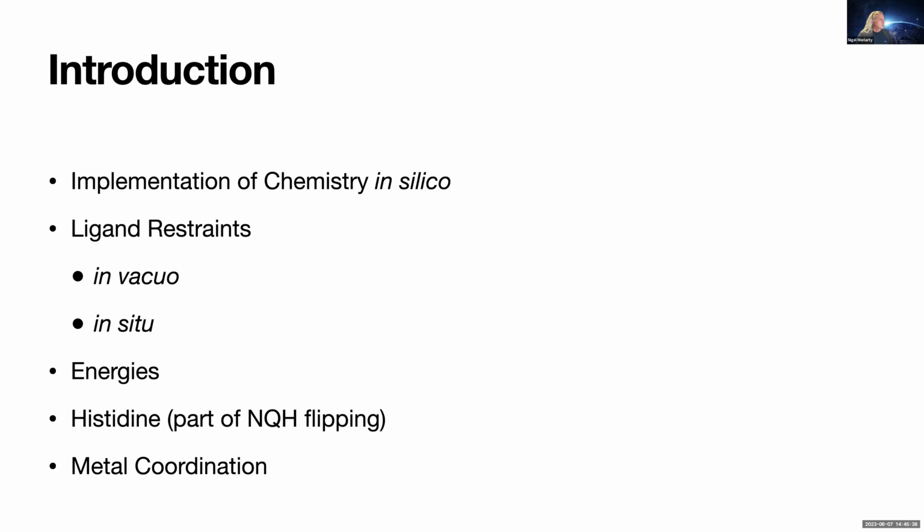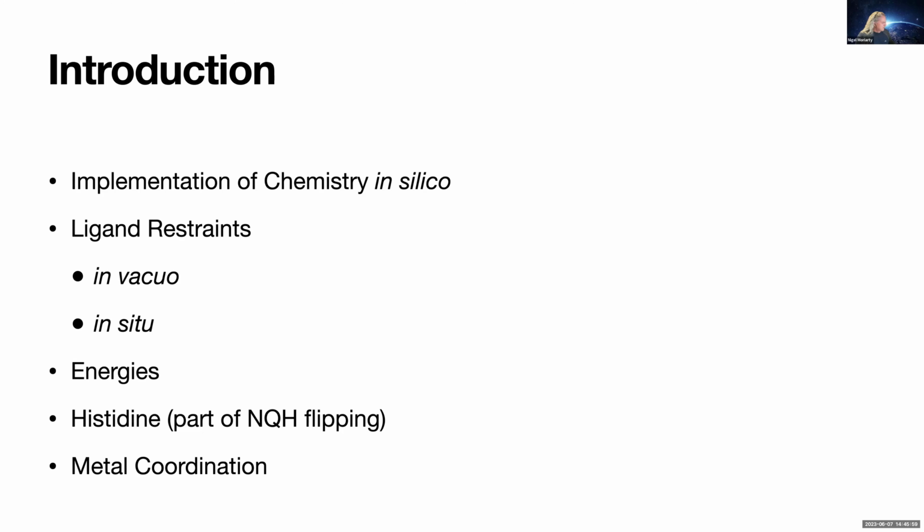And one of the things that's been around for a while is you calculate these restraints in a vacuum, but just this last few months I've developed a method using an in situ method. I'm working on getting energies out of this, which is why I had a previous question.